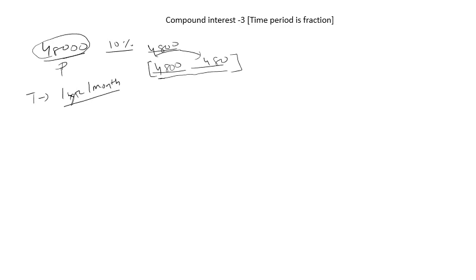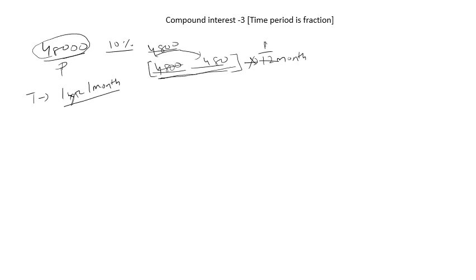But this is second year's interest, this part. This I don't need completely. I only need 1 month. 1 year consists of 12 months, so this is 12 months' interest. But I need 1 month, means 1 by 12 into this part. So this is coming out to be how much? Just divide.